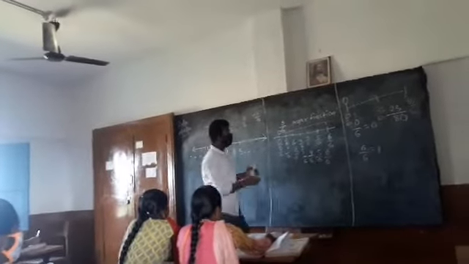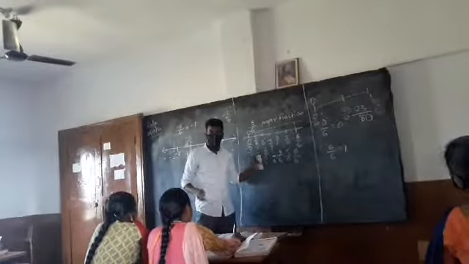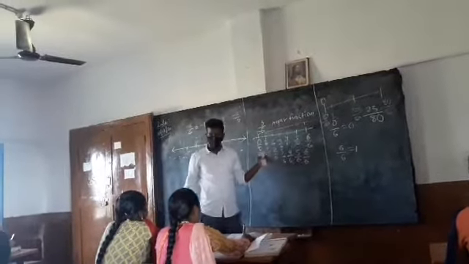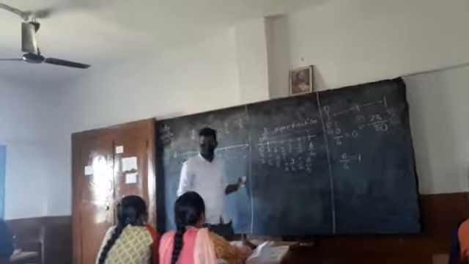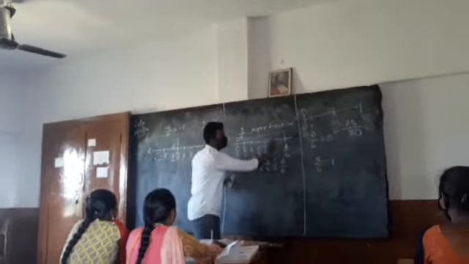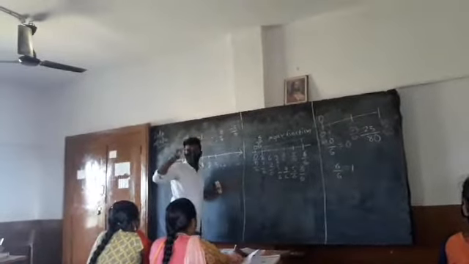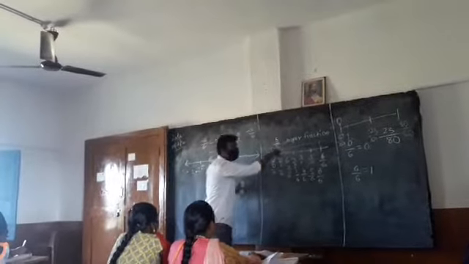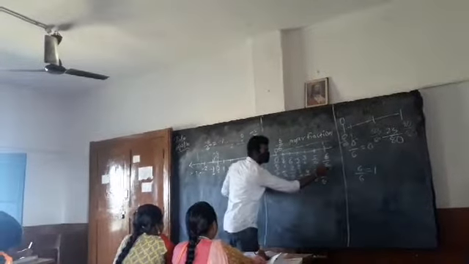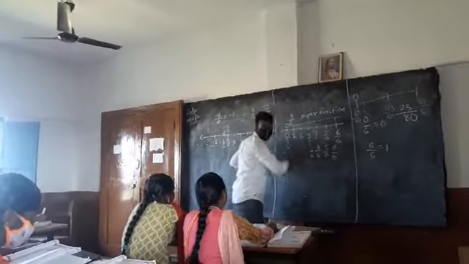So we have learned how to plot a proper fraction on a number line, whether positive or negative. You need to look at the denominator to know how many divisions to make. If there is 6, you make 6 divisions between 0 and 1.